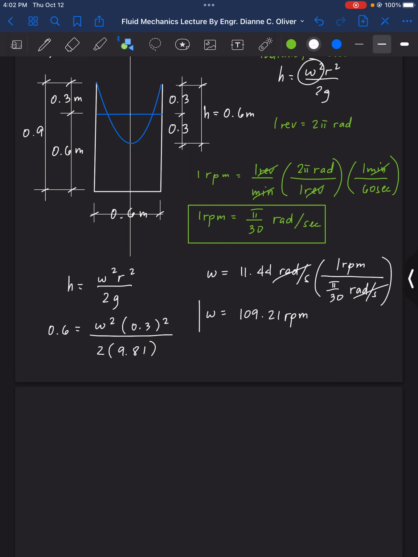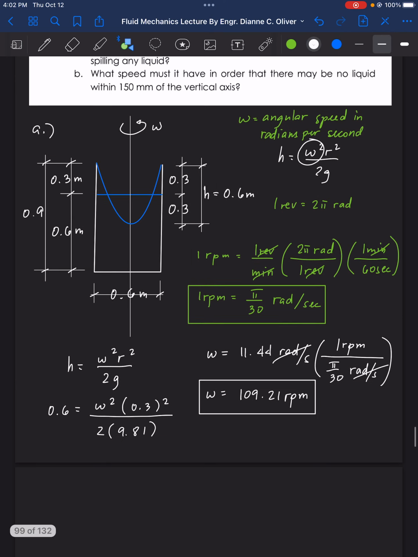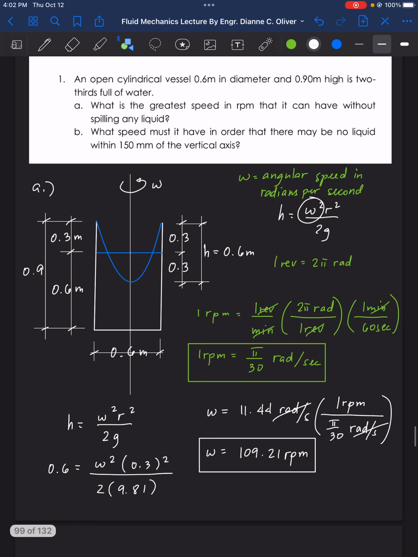So that is the answer. What is the greatest speed in RPM that it can have without spilling any liquid? The paraboloid form here has the height equal to the height of the empty space times 2.